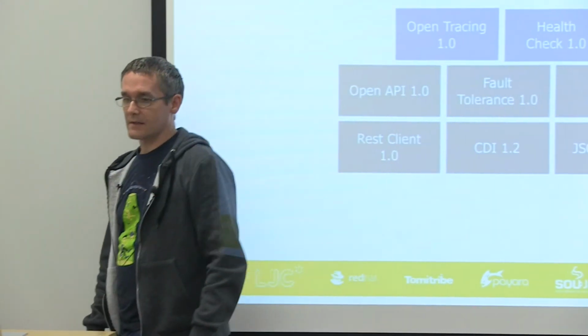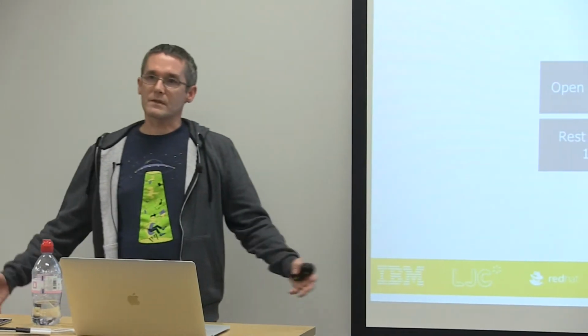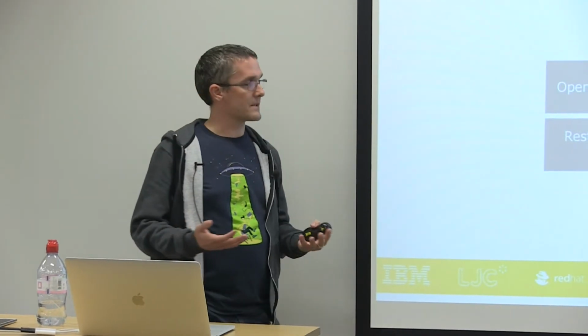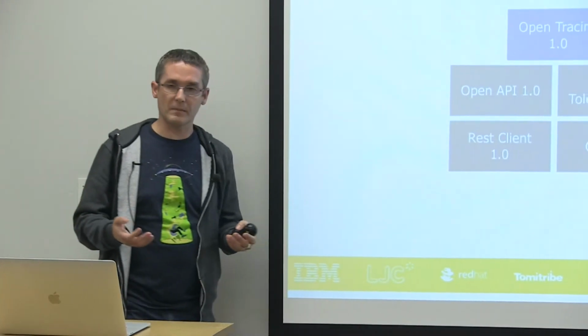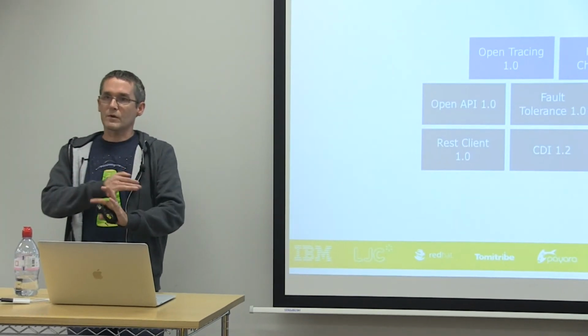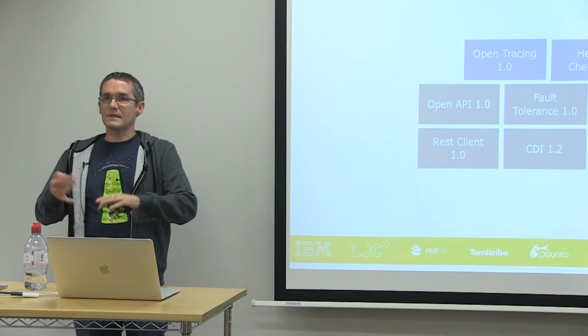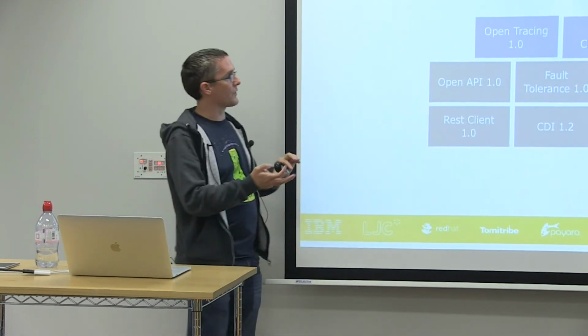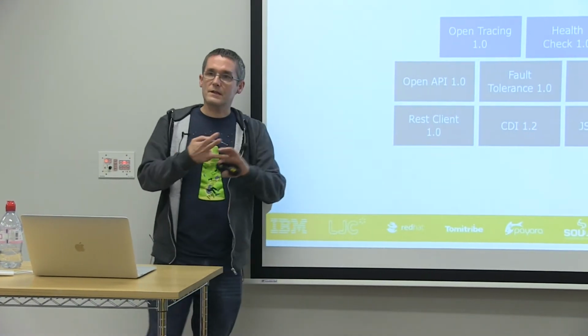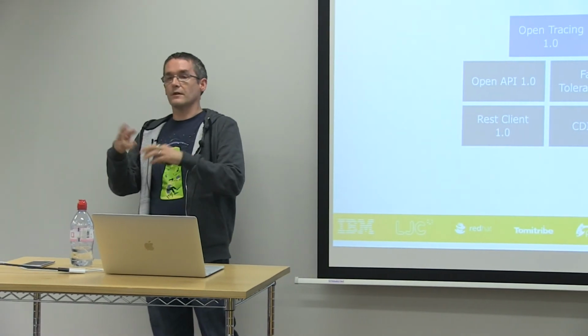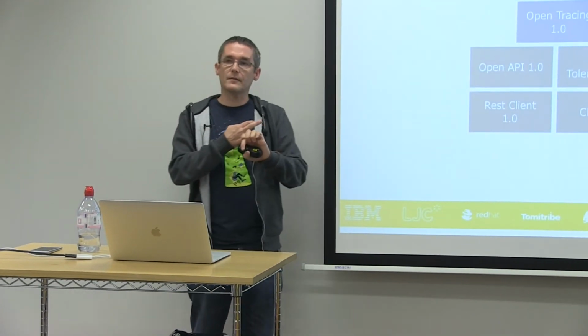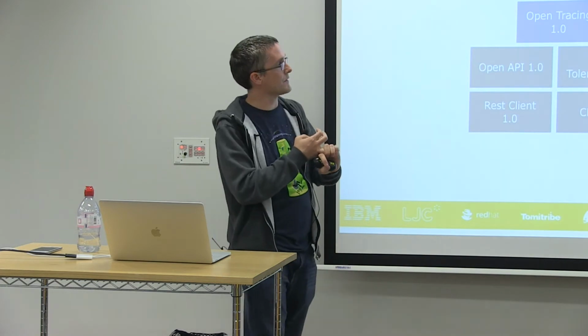The last one is metrics. So understanding what's going on inside your microservice in terms of what your JVM is doing, how its heap is behaving, what the garbage collector is doing, understanding what the server runtime is doing, and any information you can get out of the server runtime.